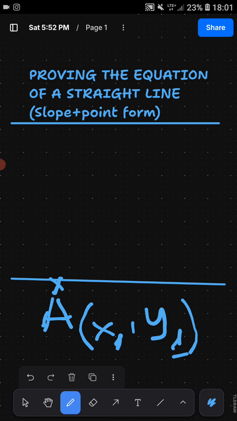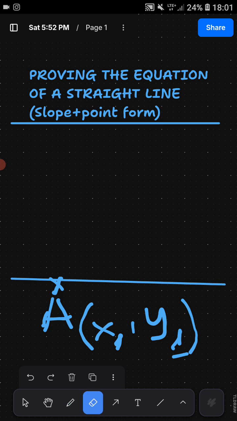By arbitrary point, we mean any point on this line segment. The point could be here, here, or anywhere. It means a point picked at random. It is no particular point, it is any point.